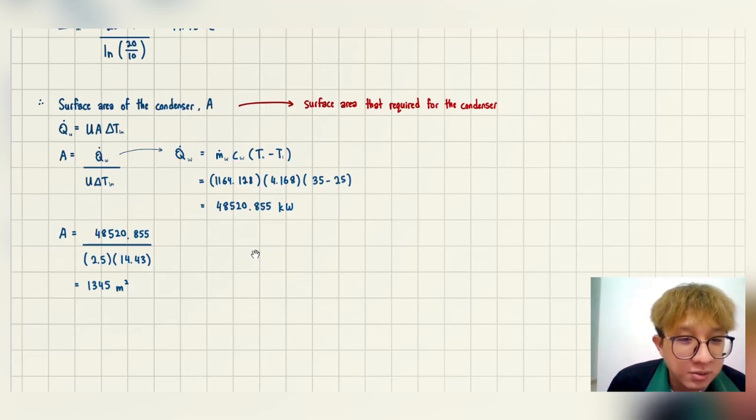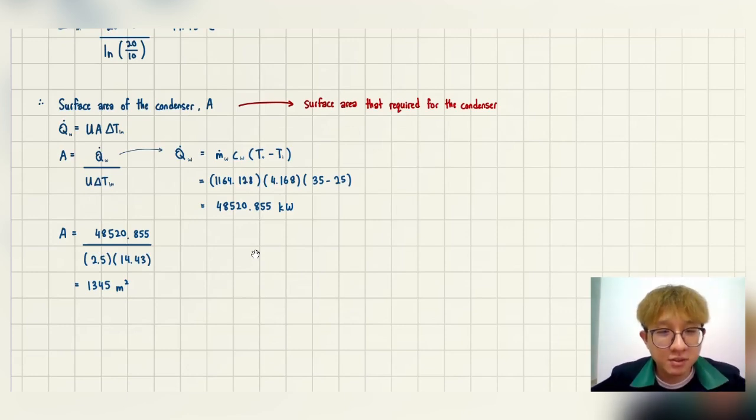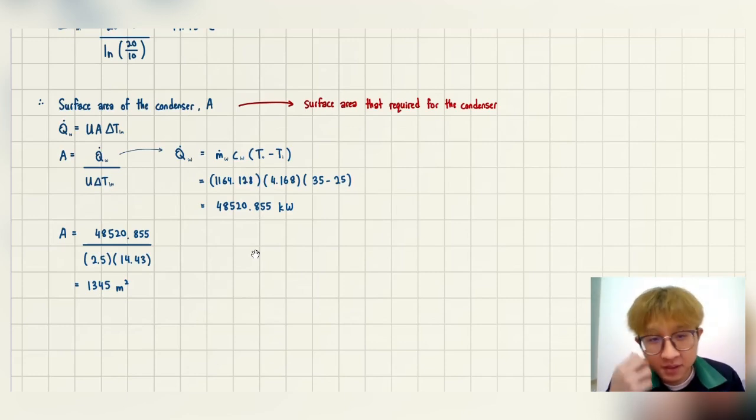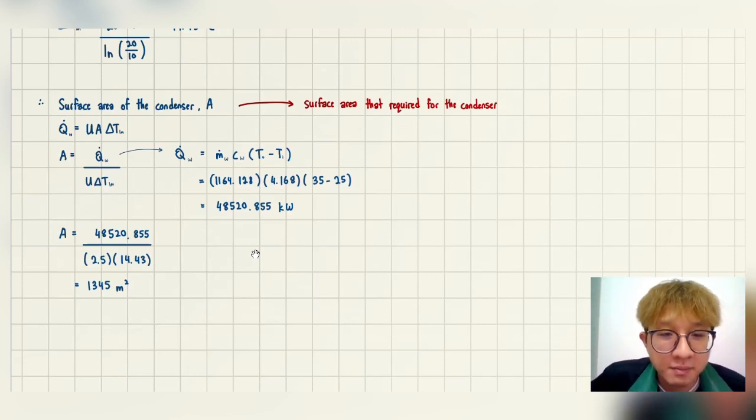For the Q dot of cooling water, the formula is as above, which is mass flow rate of cooling water multiplied by specific heat capacity of cooling water, then multiplied by temperature outlet minus temperature inlet of cooling water.